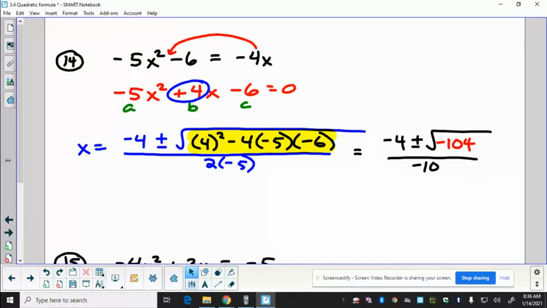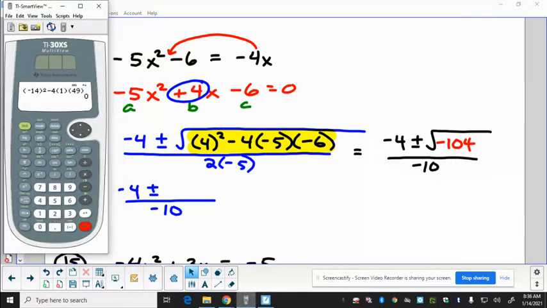So I know we're going to try and simplify this radical. So it's negative 104. All right, I got to do a little bit of work with my calculator because off the top of my head, nothing pops in there and says, hey, that's divisible by a perfect square, but it might be.